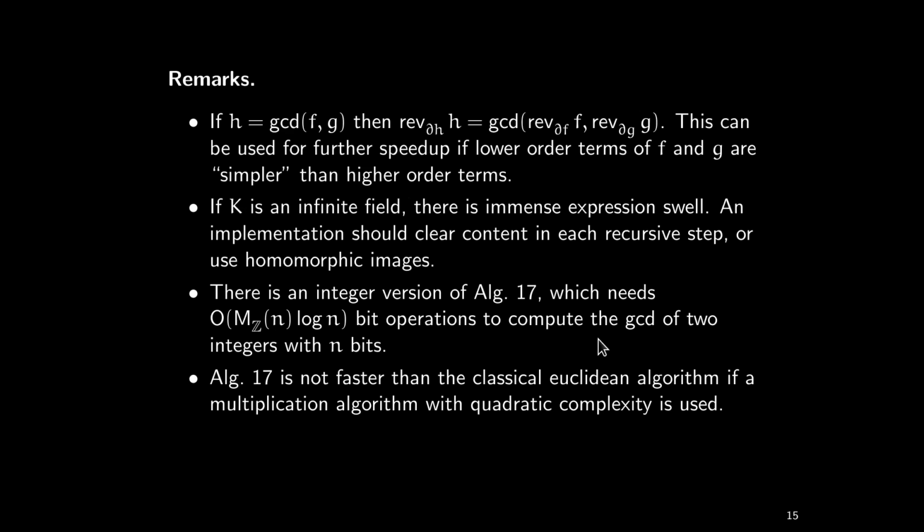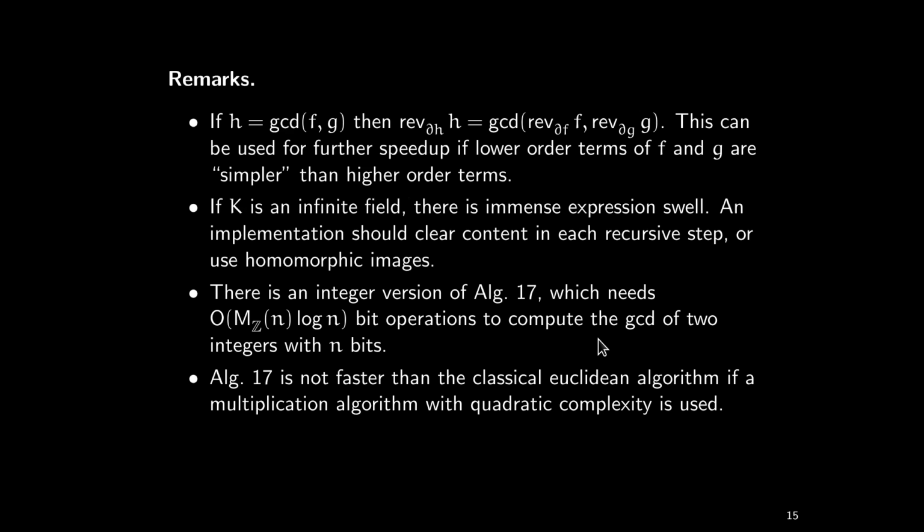Once more, a remark that I made already at the end of last video when we talked about evaluation and interpolation. We have here a complexity of M(n) times log n, and M(n) can be smaller than quadratic, and in this case the GCD computation is also smaller than quadratic.